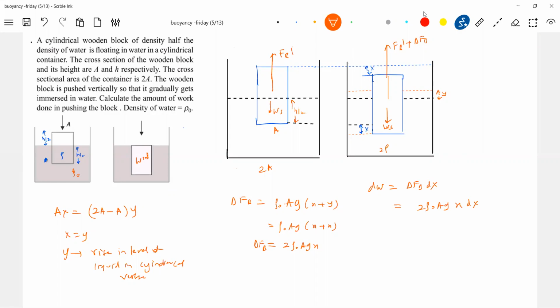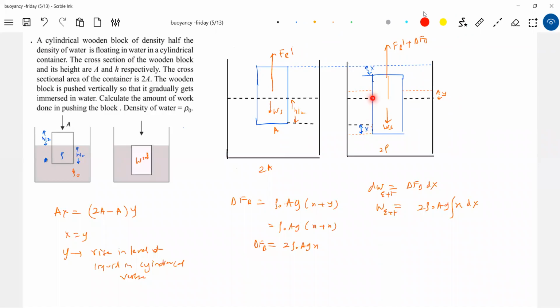What should be the limit? The limit is very important. If you say h by 2, I think there's a problem. Any reason for that? Look at this one: as the cylinder descends by x, the liquid will rise by x, no?